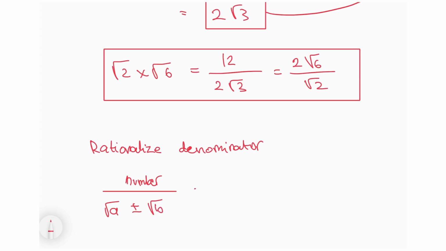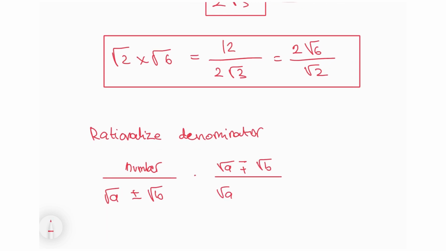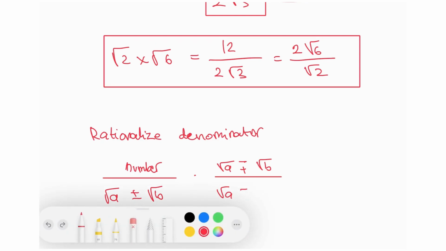Then you rationalize it by multiplying by square root a minus or plus b, so the sign will be opposite.